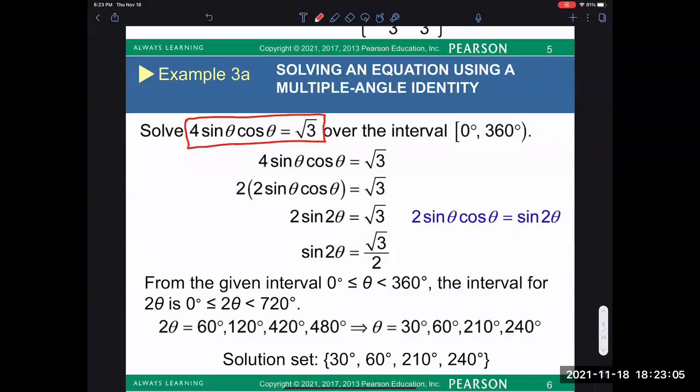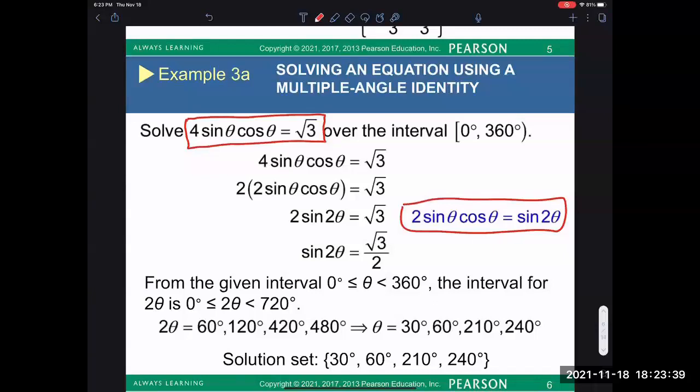And secondly, if that's not the case, you might want to consider trying to get it so instead of having two different trig functions, you somehow have a single type of trig function. So I could say I'd really like to either have only sines or only cosines instead of a sine and a cosine. And so in this case, since we have a product of sine and cosine, one of our double angle formulas off here to the right for sine is that sine of 2 theta is equivalent to 2 sine theta cosine theta.